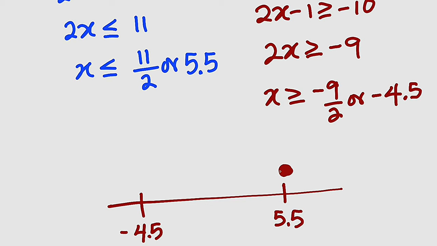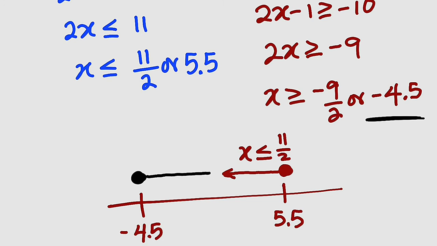Less than, it means all these values to the left. This is x less than or equal to 11 over 2, right? Then the other one, it says that x is greater than or equal to negative 4.5. So a closed circle again. It will also face this direction. This is x greater than or equal to negative 9 divided by 2.